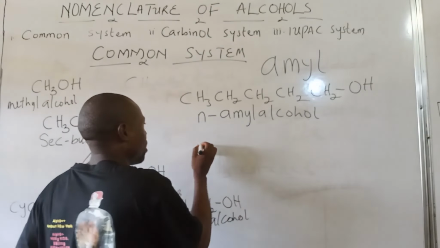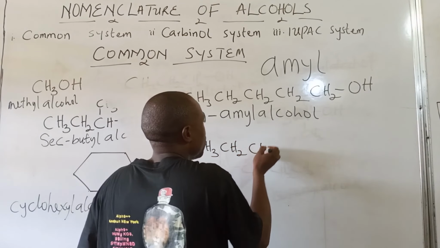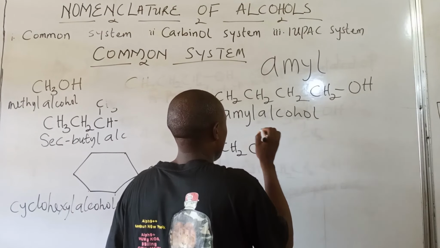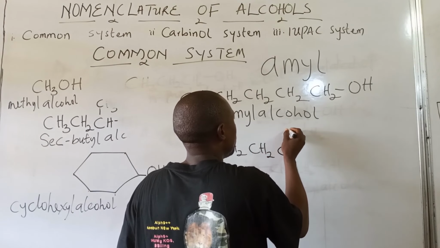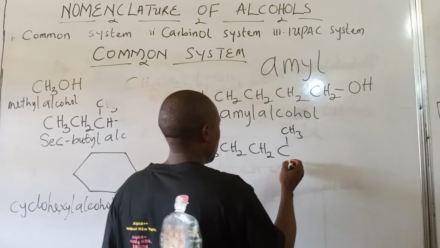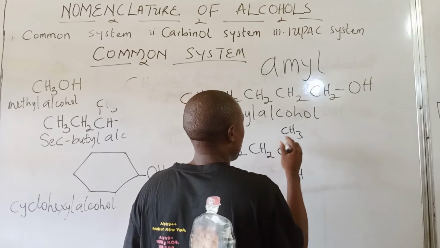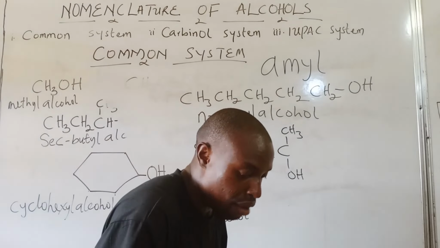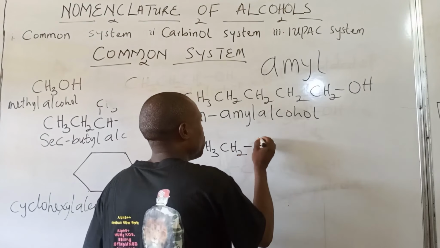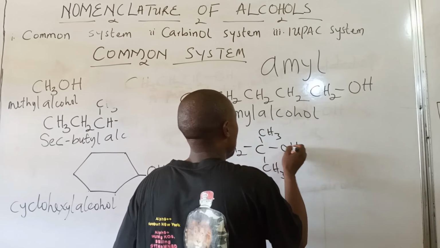We can also have something like this: CH3, CH2, CH2, and I can have something of this nature. 1, 2, 3, 4. Let me make it 5 so that it is much easier for us: CH3, then OH.